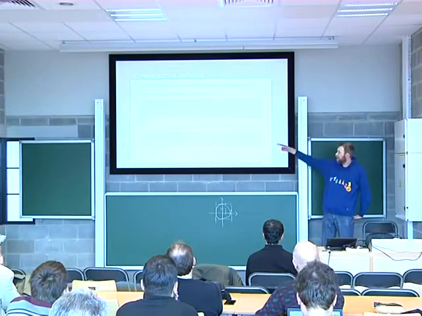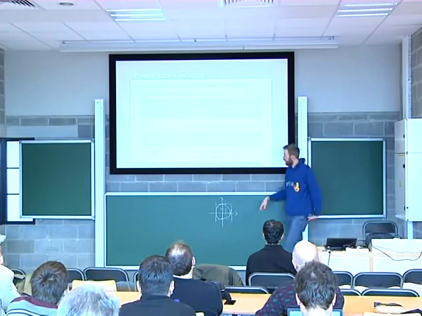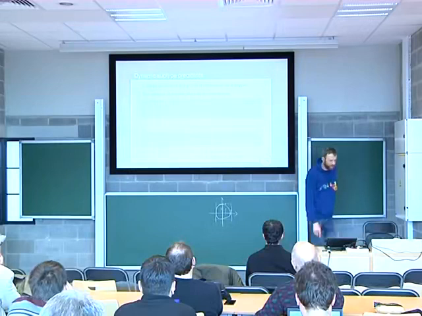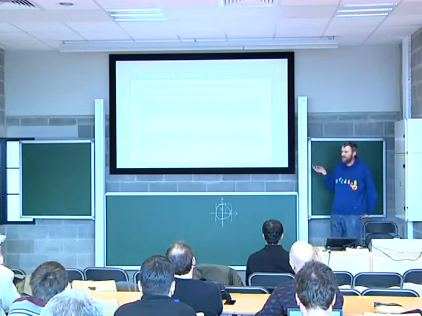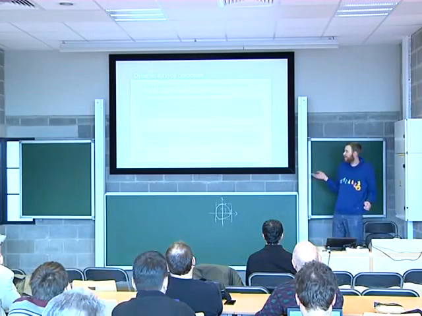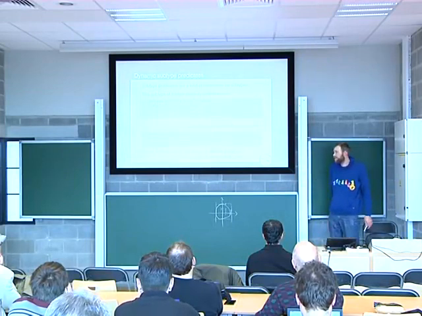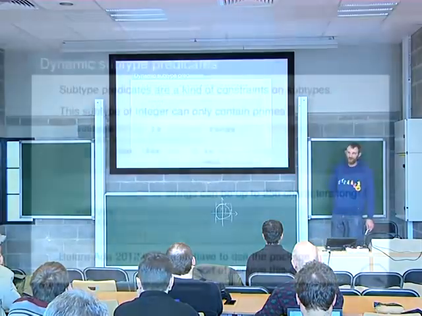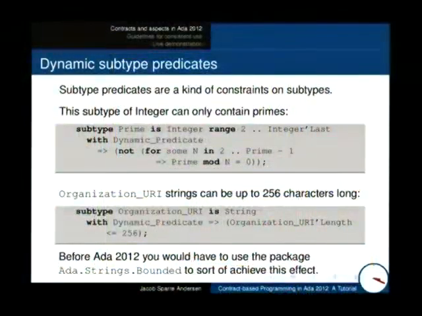We made this subtype where we put in a dynamic predicate on the length of these strings. In older versions of Ada, you could do something similar by creating a bounded string which could have length up to 256 characters. But with all the work doing that, this is much easier.